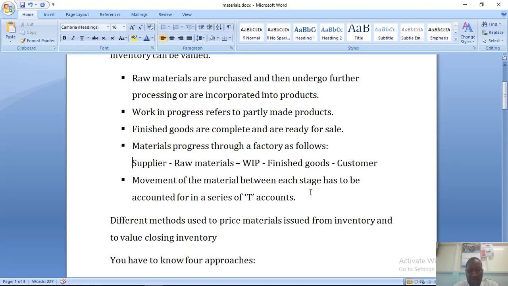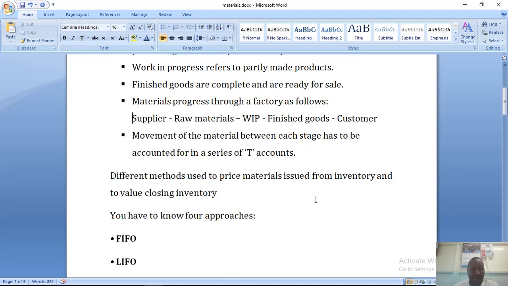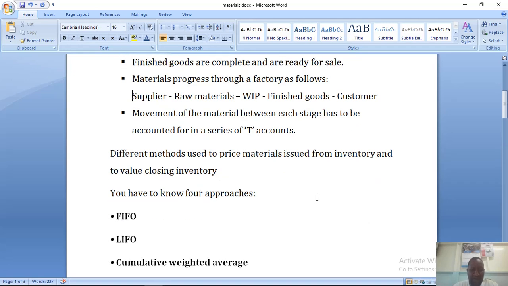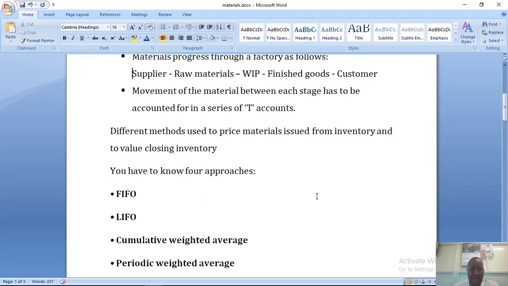What I want to focus on in this particular video are the different methods that are used to price material issues from inventory, and also the value of the closing inventory. So there are different approaches that can be used to value inventory or to price the material issued.